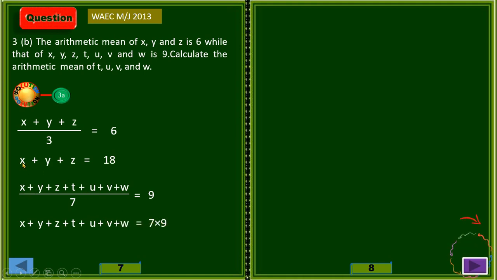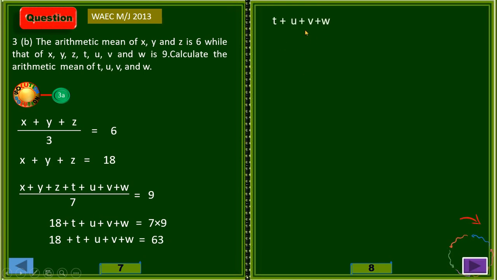But remember, we have x plus y plus z is equal to 18. So therefore we can replace this by 18. So replacing that by 18, then we are going to have 18 plus t plus u plus v plus w is equal to 7 times 9. So therefore 18 plus these numbers will give us 63.